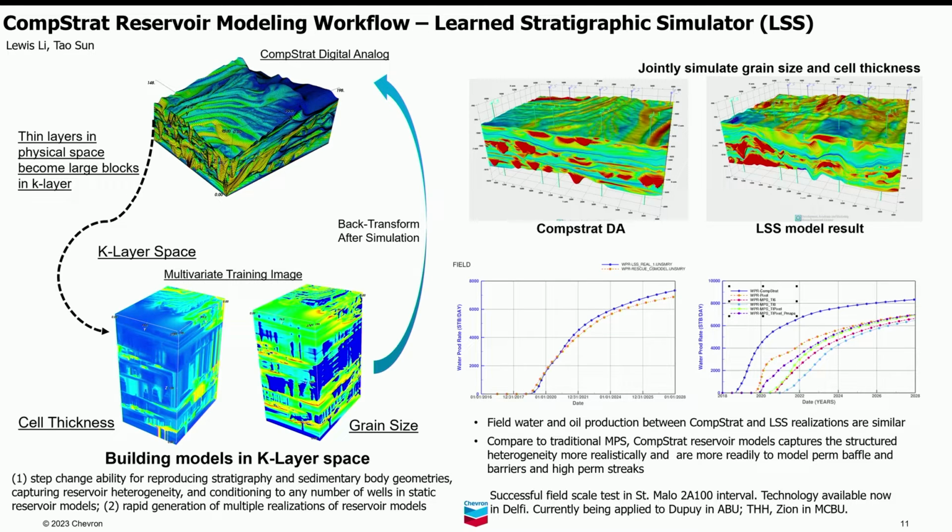You have X, Y, and the vertical direction is Z. We already talked about statistical models, or any models that have a statistical component, in that you can make holes, right? But computational stratigraphy has the ability to convolve the third direction into, we say, a pseudo-time direction. We call it K-layer space. So at that time, cell thickness becomes a parameter instead of a cell geometry. So one volume becomes two volumes here.